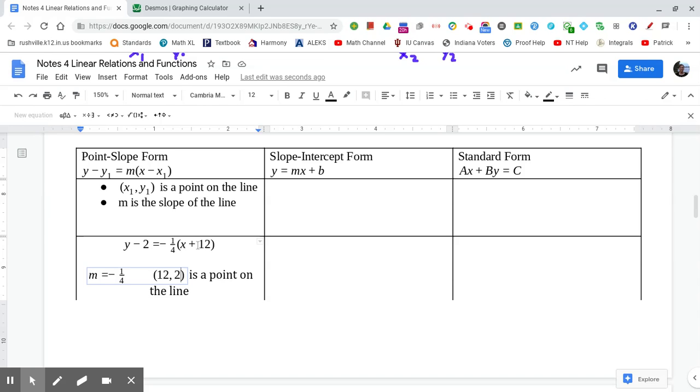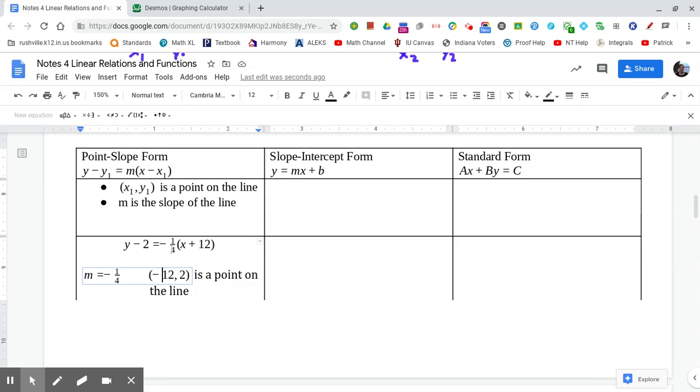Remember, a minus minus is a double negative, which really means that we have a positive. So that means that this would have to be a negative 12. If it changes the sign from negative to positive, you're looking at a negative number. If the sign stays as a negative, it means that it was actually a positive. So negative 12 comma 2 is a point on the line.